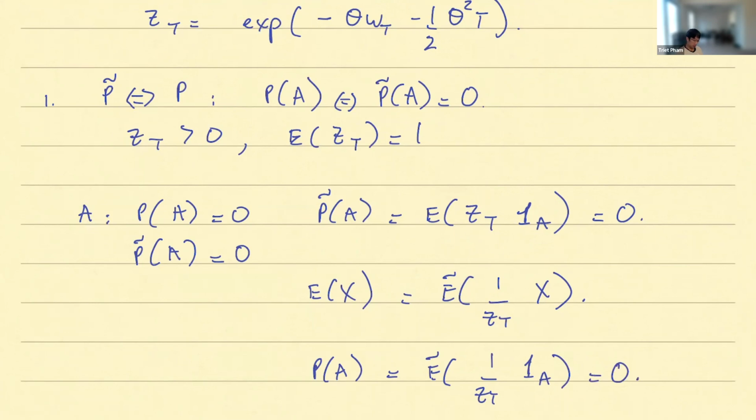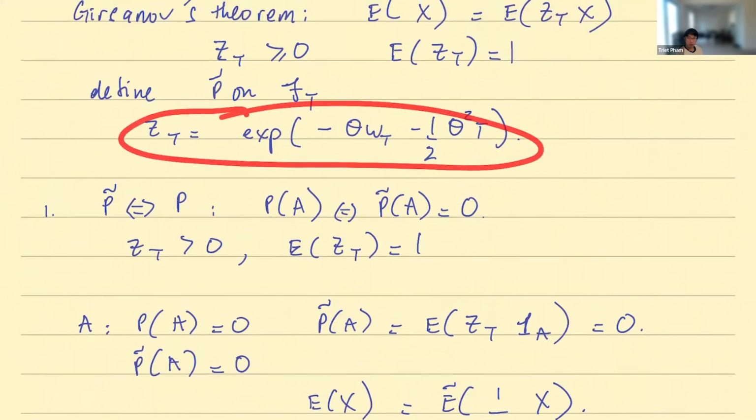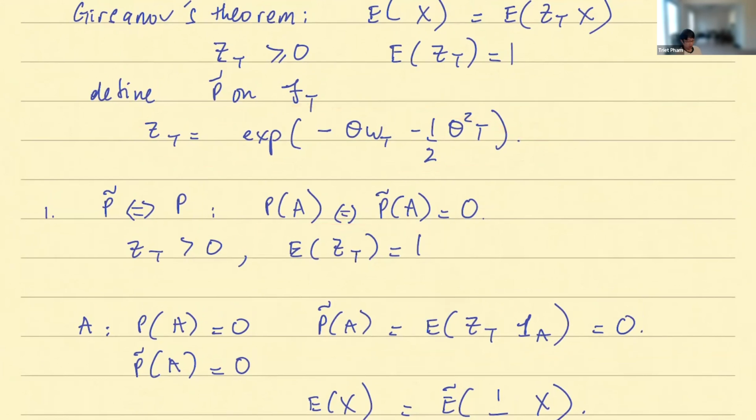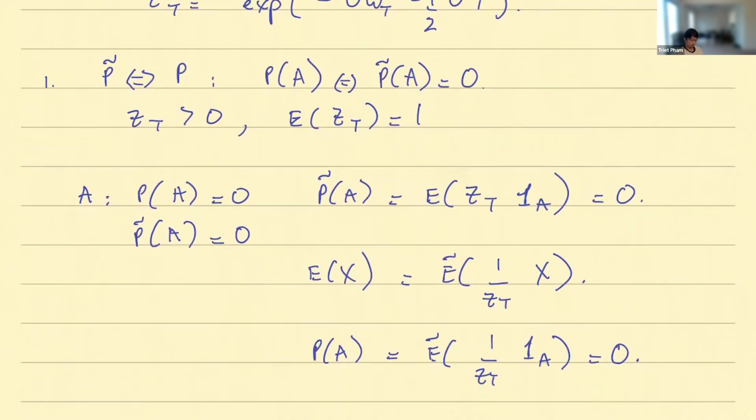So that's just a quick remark on how this choice guarantees that the two probabilities are equivalent. Any questions so far?